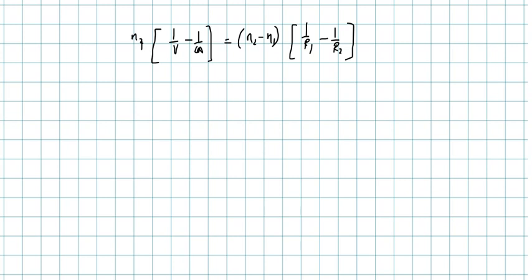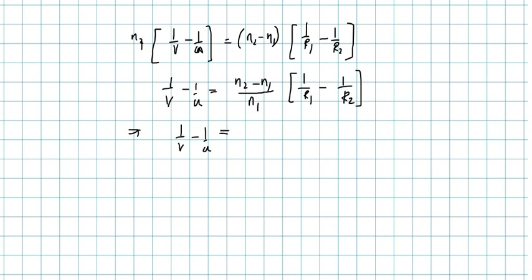So 1 by v minus 1 by u will be, sorry, n1 on the other side, which gives me 1 by v minus 1 by u equal to n2 by n1 minus 1 into 1 by r1 minus 1 by r2.